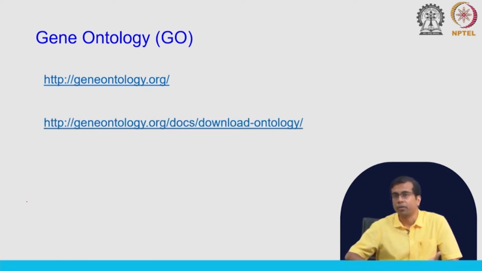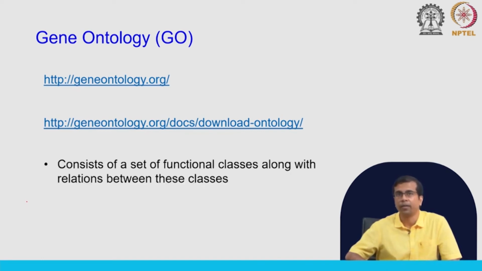You can also download ontology for any organism that you are working with, and there are many organism specific ontologies available in the website. Very briefly, gene ontology consists of a set of function classes along with relations between these classes.